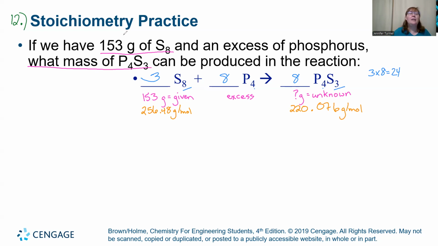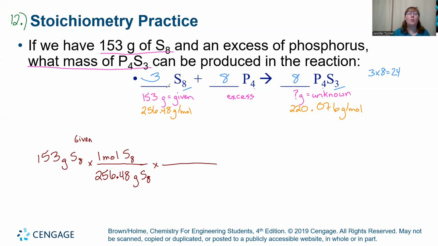I begin here with my given, again, which is 153 grams of S8. And the next thing, as we've been doing on the last few practice problems, is our molar mass. So we put in that molar mass, 256.48 grams of S8 in 1 mole of S8. And the next thing that we need is our mole ratio.